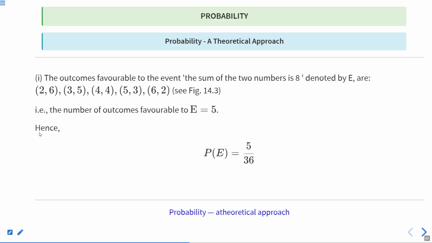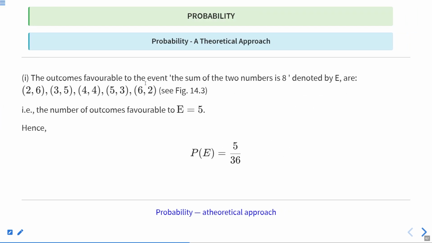The outcomes favorable to the event E, that the sum of the two numbers is 8, are 2 comma 6, 3 comma 5, 4 comma 4, 5 comma 3, and 6 comma 2, and these are all the possible outcomes favorable to the event. The number of outcomes favorable to E is 5, and hence the probability of E is equal to 5 by 36.